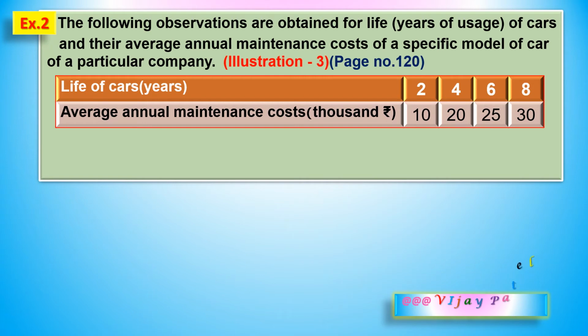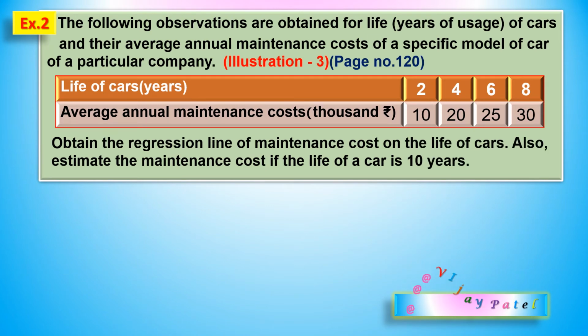Average annual maintenance cost in 1000 rupees: 10, 20, 25 and 30. Obtain the regression line of maintenance cost on the life of cars. Also estimate the maintenance cost if the life of a car is 10 years.